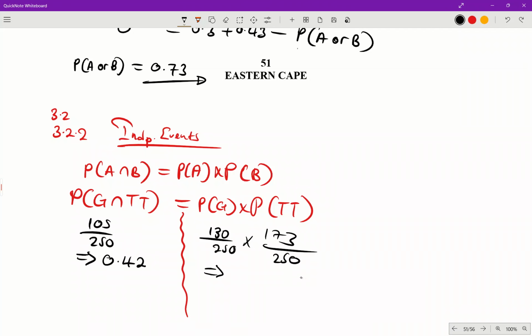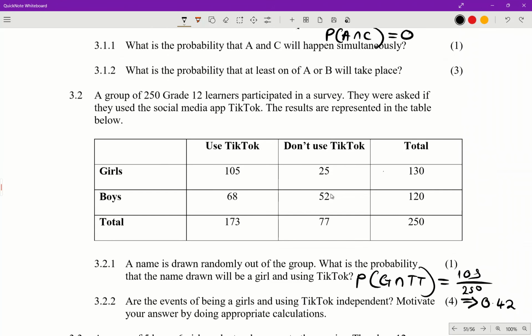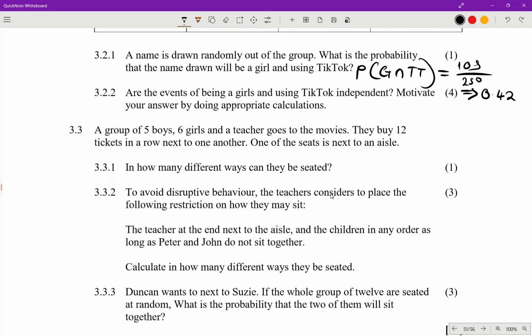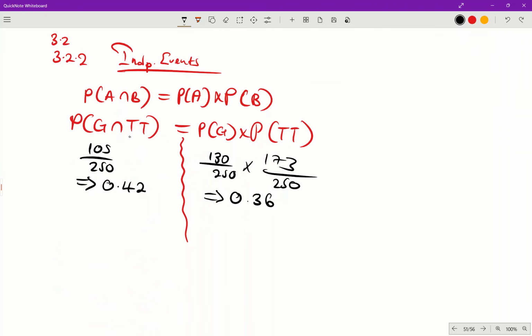So what I have here is something else. This is 0.36, and it's not the same as that. You see, these two events are not independent.